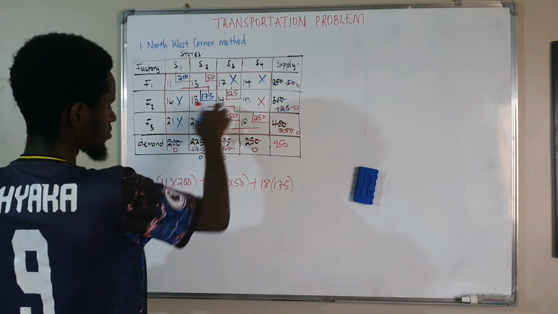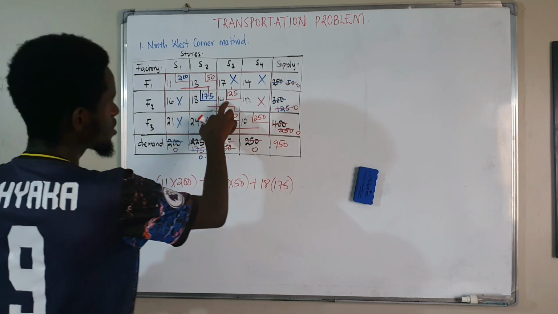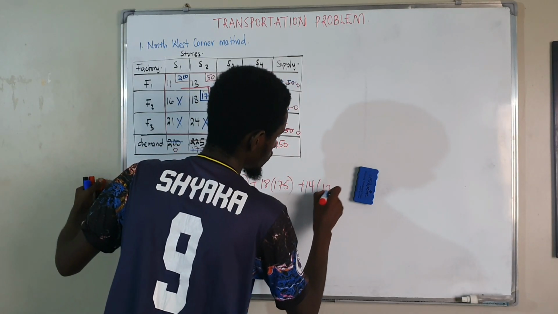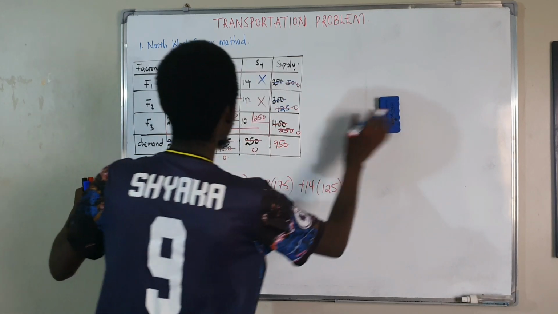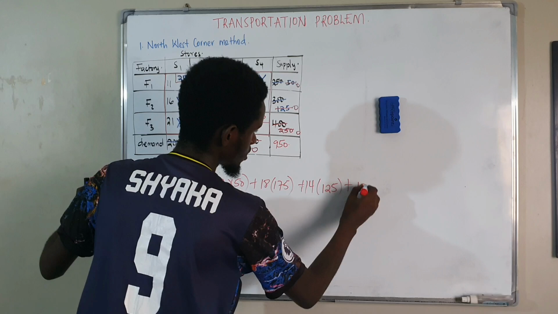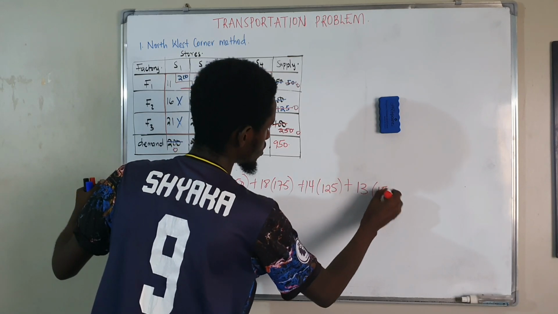Then plus 14 times 125, and second but not least, plus 13 into 150.